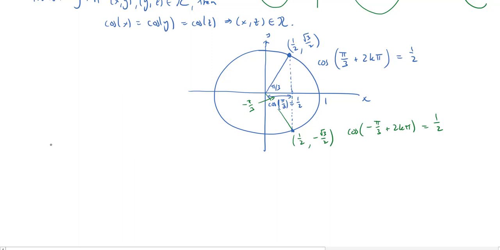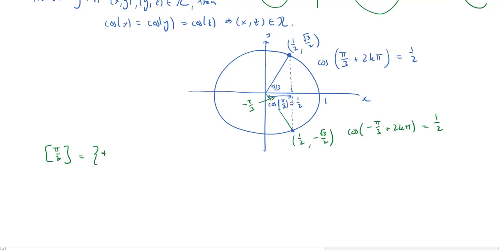If we denote the equivalence class of pi over 3 by square brackets around pi over 3, then this would consist of all numbers of the form pi over 3 plus 2k pi, or negative pi over 3 plus 2k pi.